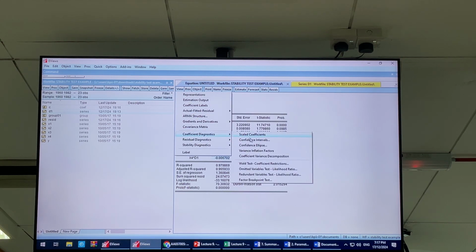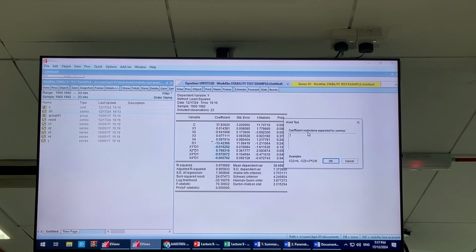View, coefficient diagnostics, Wald test, coefficient number 6 to 10, all equal to 0. So that represents the additional part of the intercept as well as the additional part of the slope coefficient for all independent variables x1, x2, x3, x4.